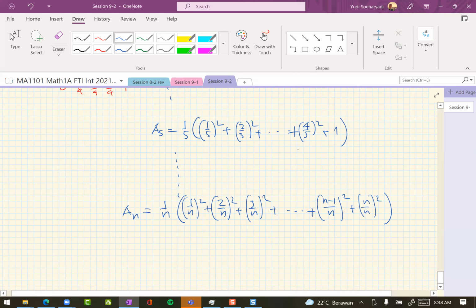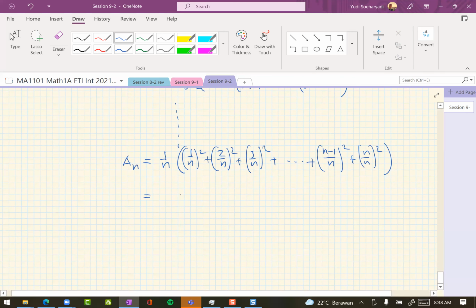So let's simplify this a little bit. So this is 1/n, and you have all squares here: 1 squared, 2 squared, 3 squared, dot, dot, dot, (n minus 1) squared plus n squared.